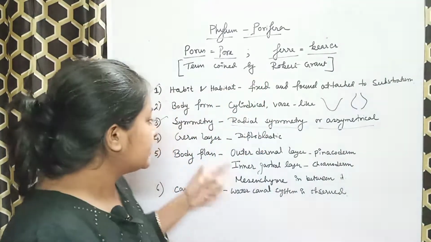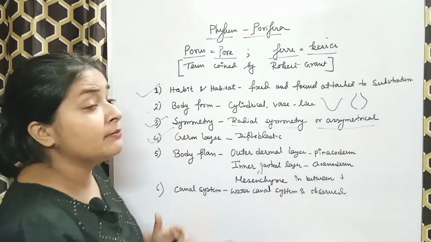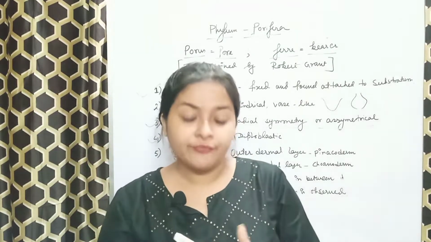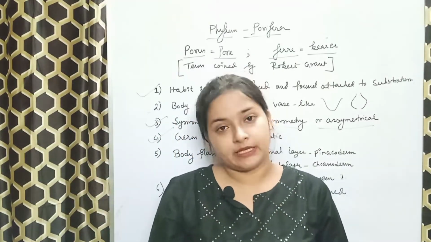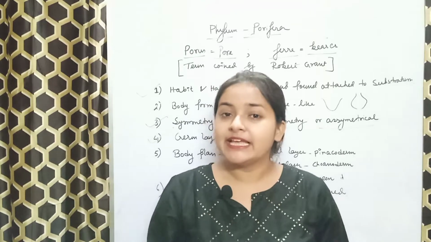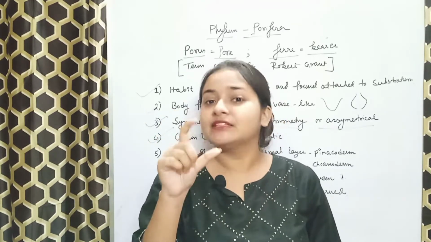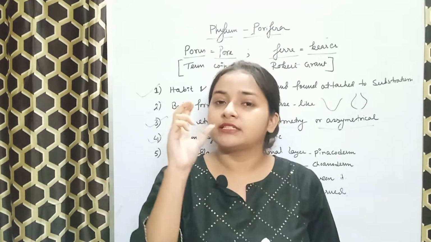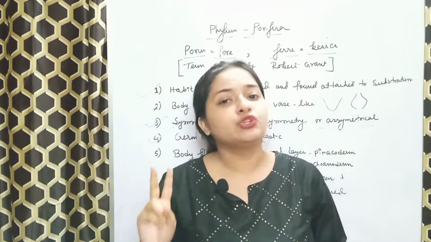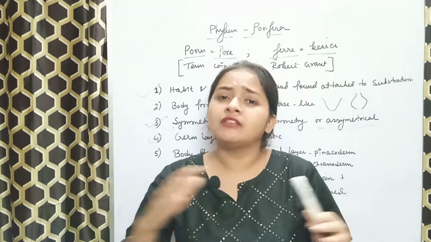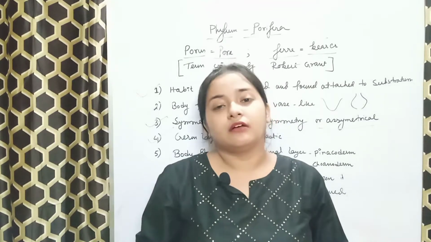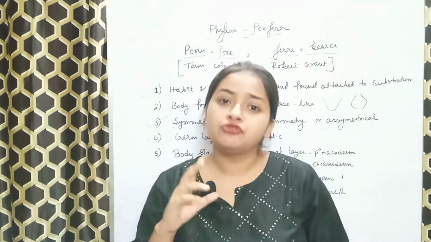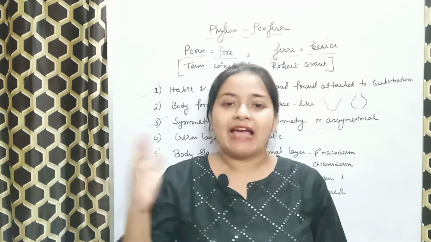Understand? Okay. Now next is germ layer. Germ layer is a very important thing: poriferans are diploblastic. What is diploblastic? Diplo, the term di means two, as we all know that in biology the term di means two. So all the species of Porifera have two germ layers, outer layer and inner layer.